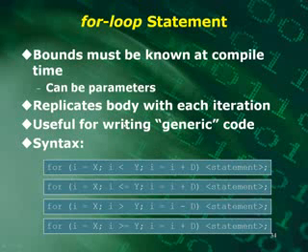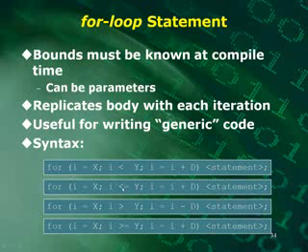Like I said, you can use for loop statements, and the bounds must be known at compile time, and they can be things such as parameters. Remember I showed you parameters or localparam. You can define values, or you can put constants right in here as long as you're using constants. So the loop can say for i equals some value to some other value.